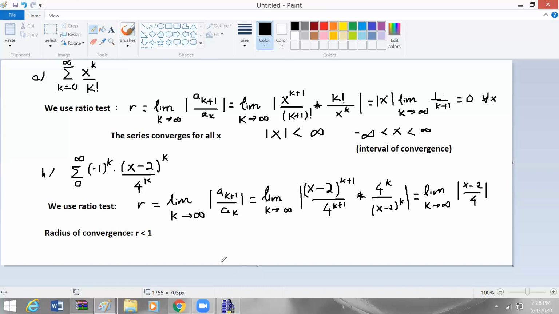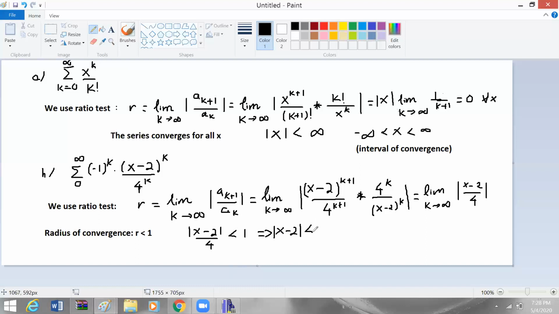So we need to make sure that absolute value of x minus 2 over 4 is less than 1. And then we solve for that, multiplying both sides by 4. We're going to get absolute value of x minus 2 less than 4.